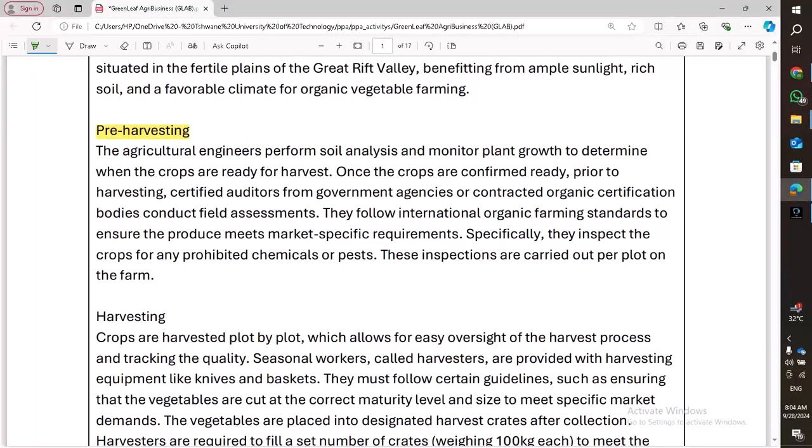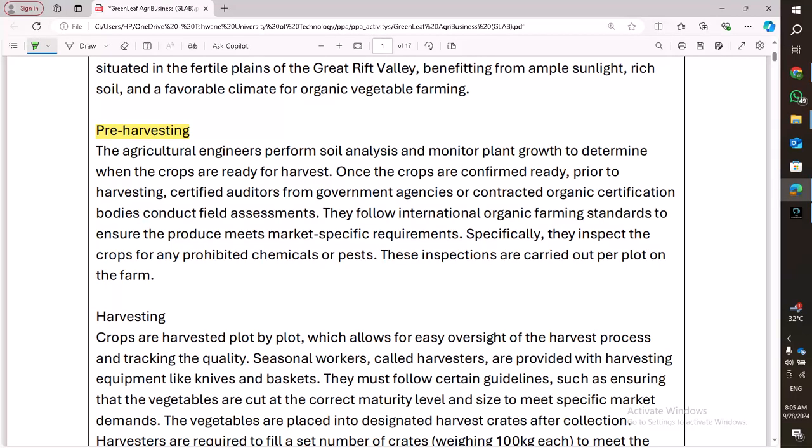In the pre-harvesting stage, we are looking at the verbs. What is actually happening in that paragraph of pre-harvesting? The agriculture engineer performs a soil analysis and monitors the plants' growth to determine when the crops are ready to be harvested.